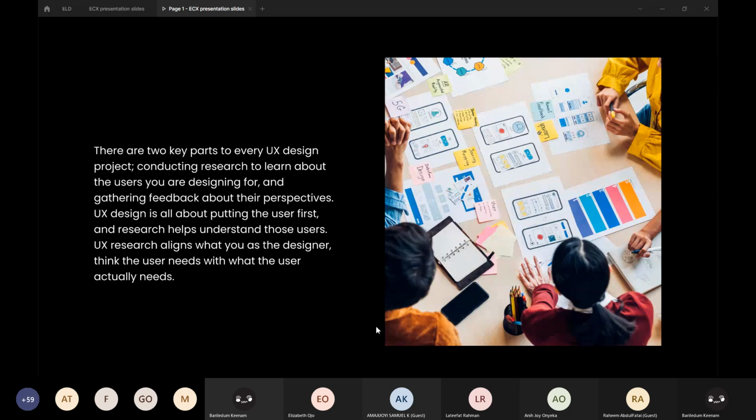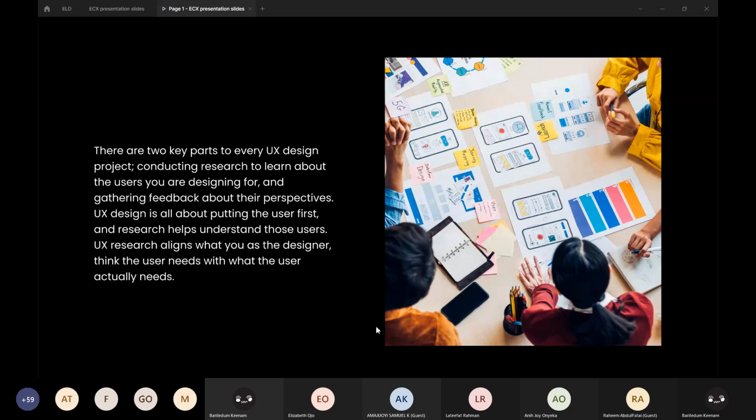UX design is all about putting the users first, and research helps understand those users. By putting the users first, we mean considering their challenges, their goals, their problems, their emotions, and building a product to solve those problems.